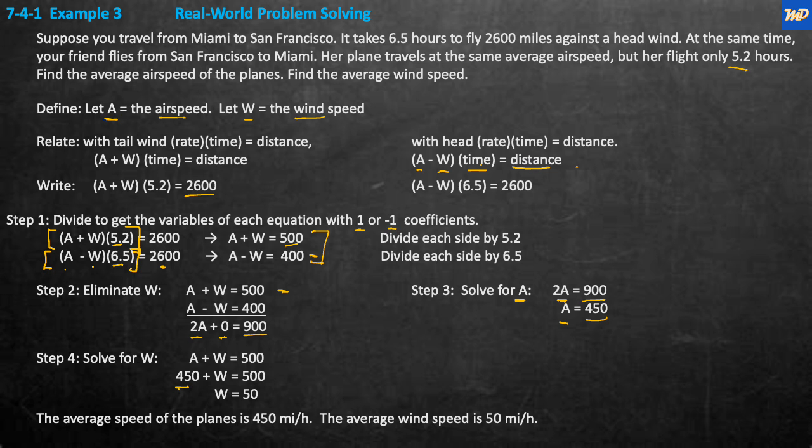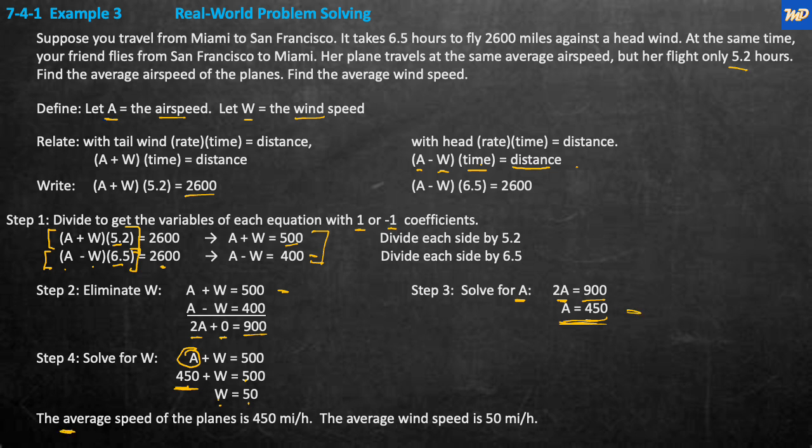So now we have A plus W is 500. We can put the 450 in the A value location. Plus W equals 500. So for W, we're going to subtract 450 from 500. W is equal to 50. The average speed of the airplane, the A part, is 450 miles per hour.